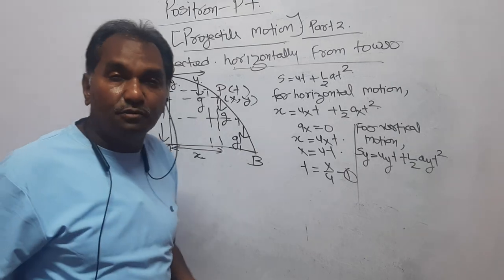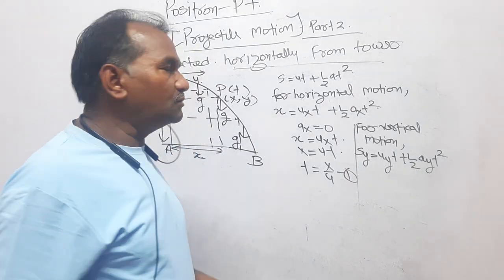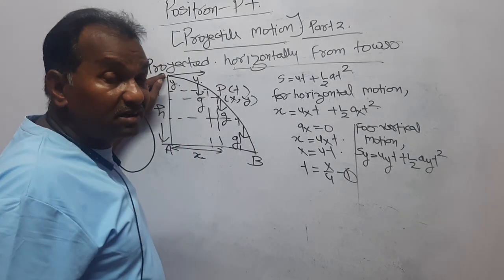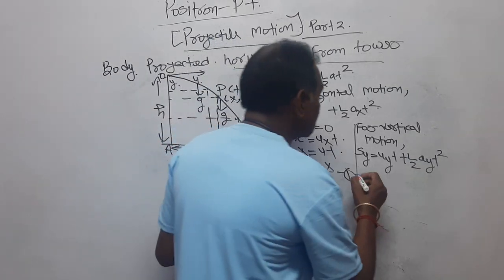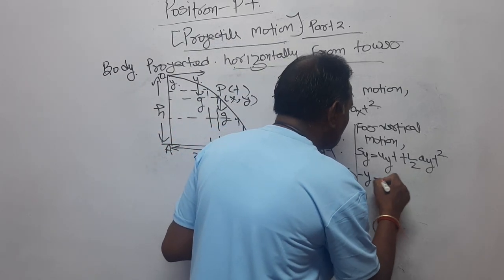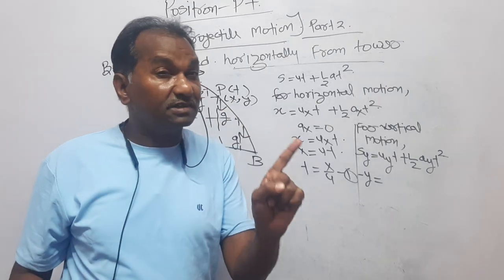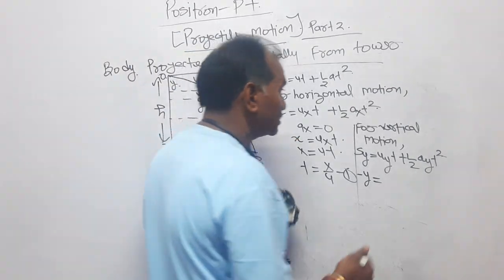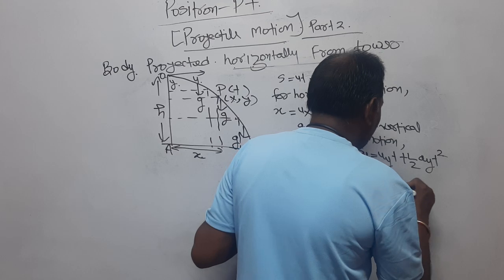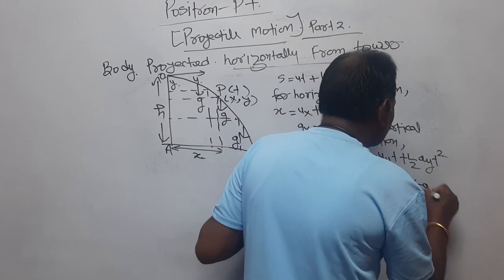Because what I have said is, if you are applying the vector, the point of projection is always considered the origin. So it is minus y is equal to uy t. Initial vertical velocity is 0, because the body is projected horizontally. Plus half ay, which is minus g.